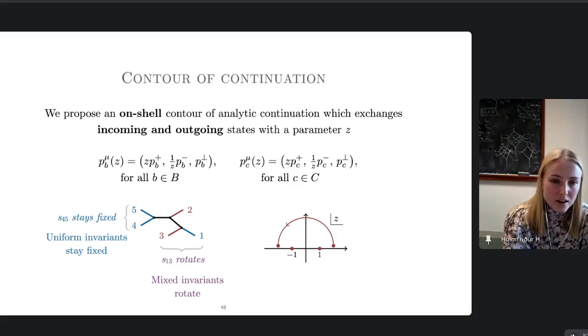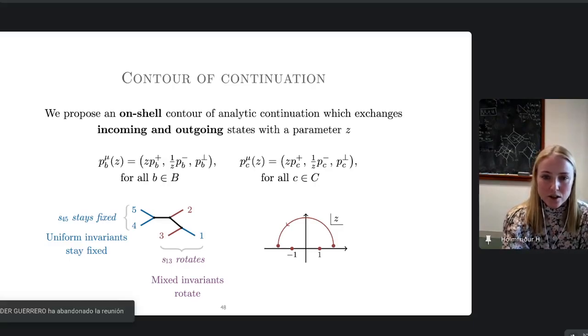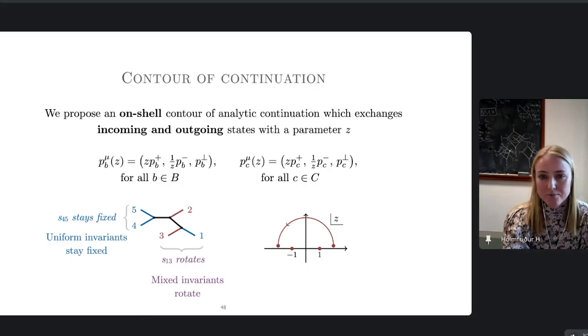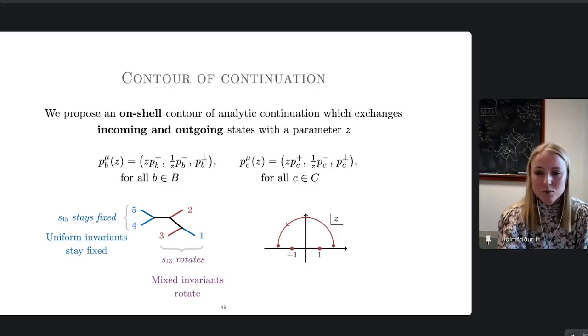We take one of the particles that we want to cross, let's call it little b, or if we want to cross many particles, we take them to be in the set capital B. And we take them to have a large plus component and a small minus component in light cone coordinates. And similarly for C, the outgoing state that we want to make incoming, we take it also to have a large plus component and a small minus component.